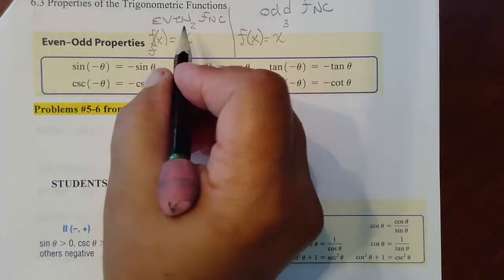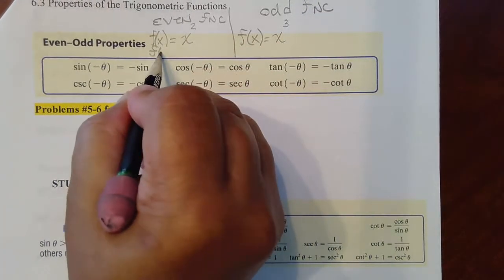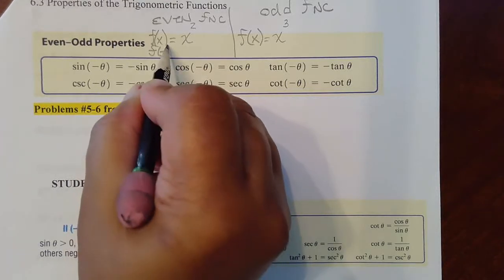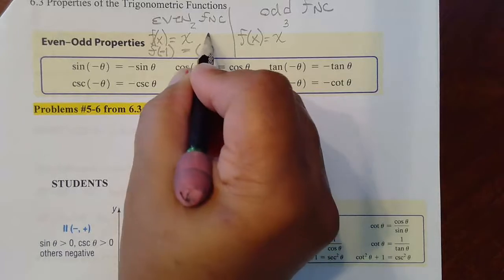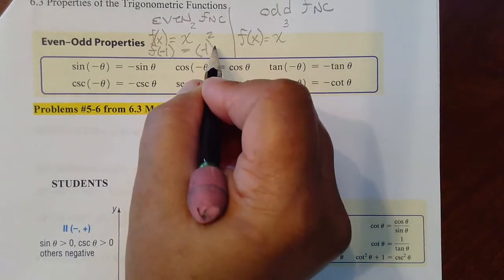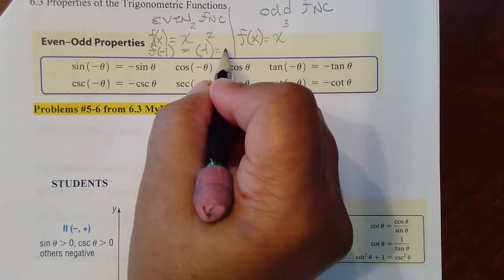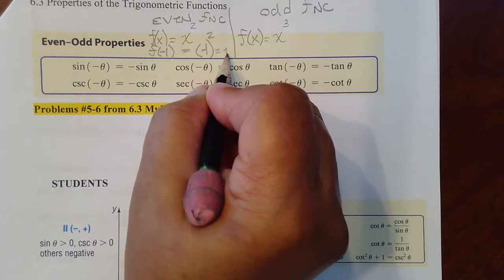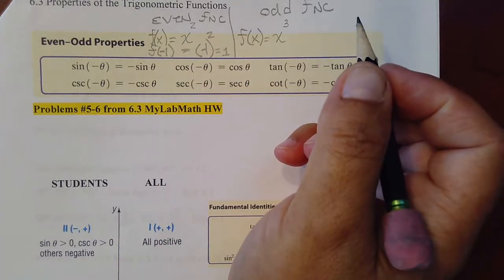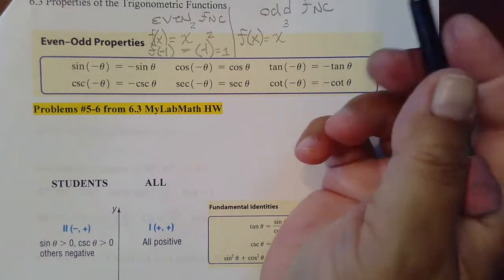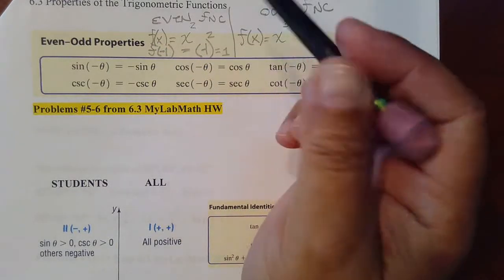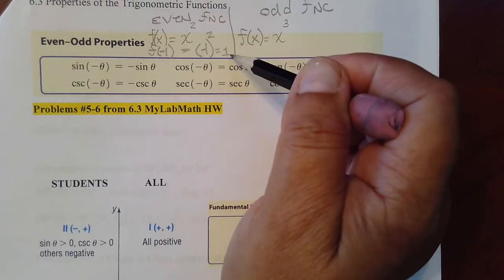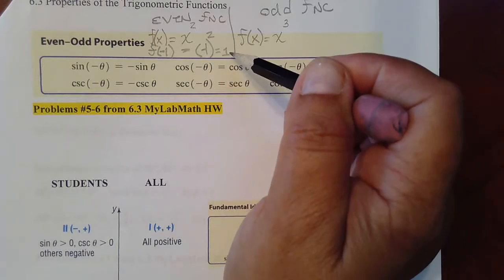So for any even function, regardless of the negative that you're plugging in, you get the same value that you started with, even if you were to put in a positive. Whether you put in a positive or a negative, the negative goes away and it remains unchanged.